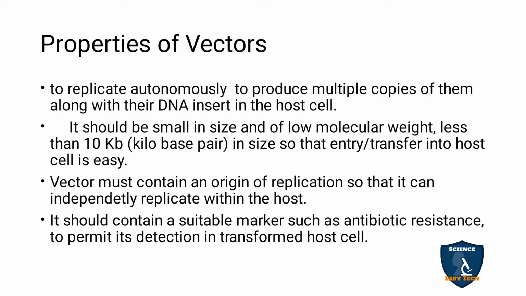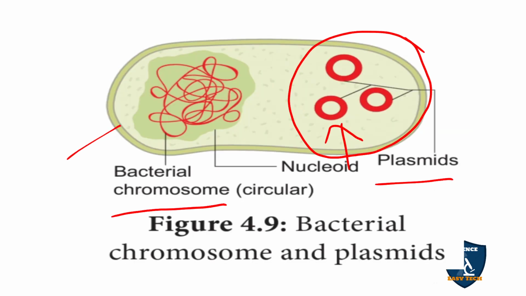Properties of vectors. A vector should replicate autonomously, to produce multiple copies of itself along with the DNA insert in the host cell. To replicate autonomously means it replicates on its own. DNA replication takes place by itself; it doesn't depend on the bacterial chromosome, which is the main DNA.